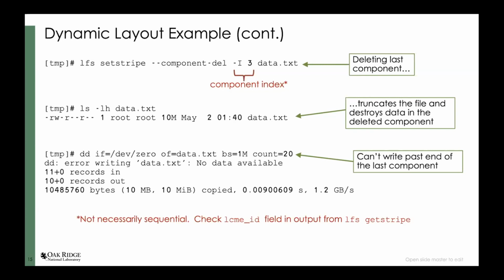So if you add 3 components and then you delete 2 of them and then you add some more, the second component in your file won't necessarily have a component index of 2. In this case, the third component had an index of 3 because we just created them one right after the other. So always be sure to check that field, looking at the output of lfs getstripe before you attempt to delete a component, to make sure that you're deleting the correct one.